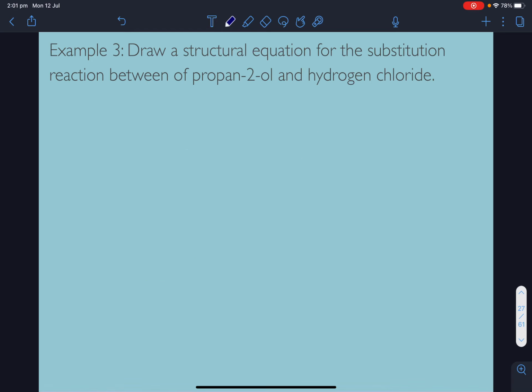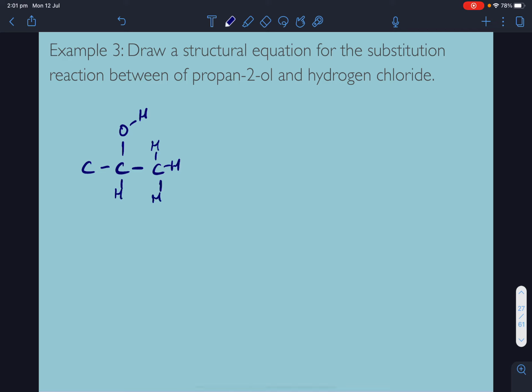Draw the structural equation for the substitution reaction between propane 2-ol and hydrogen chloride. Alright, meth, eth, prop for the backbone. 2-ol, so on the second position, we've got our alcohol. Let's put in the rest of our hydrogens.